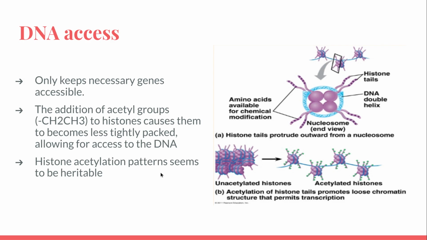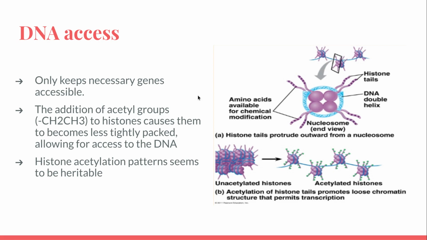So that happens by modifying the histones by adding groups such as acetyl groups to them. So an acetyl group is CH2CH3. You can add acetyl groups to the histones, and when you add acetyl groups, it goes from tightly packed to less tightly packed, and so histone acetylation causes the DNA to be more easily transcribed.